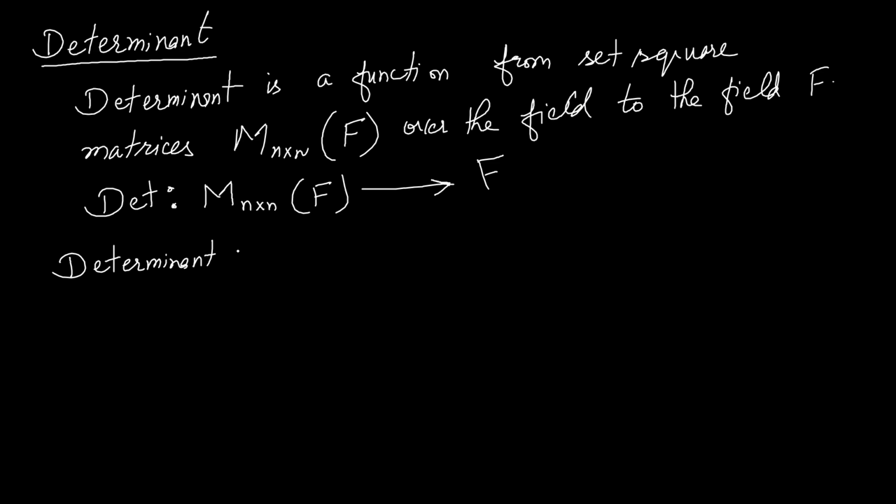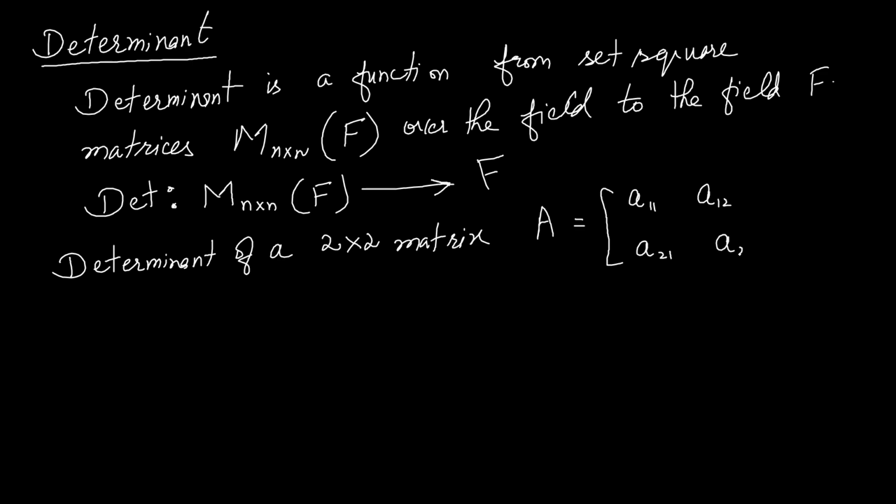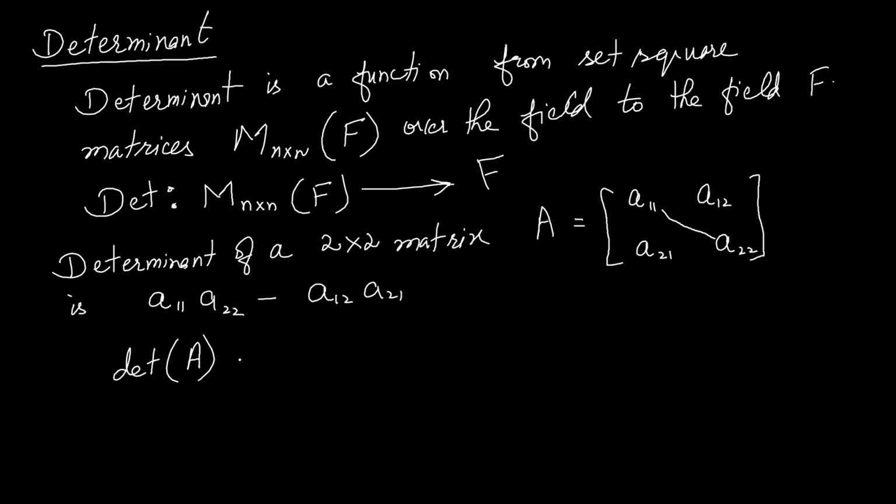Determinant of a 2 cross 2 matrix: suppose the matrix A has entries A11, A12, A21 and A22. The determinant is equal to A11 A22 minus A12 A21. The determinant of A is denoted as det A or mod A. It is equal to A11 A22 minus A12 A21.